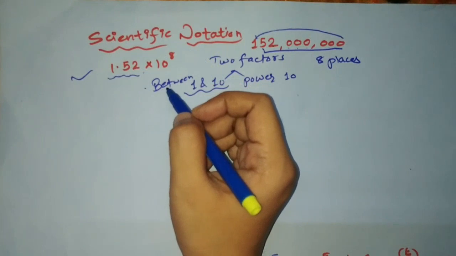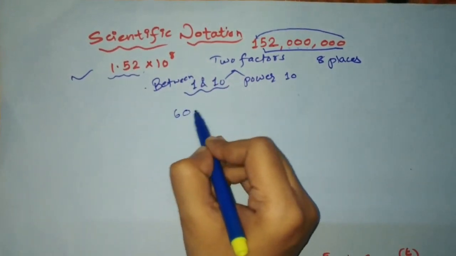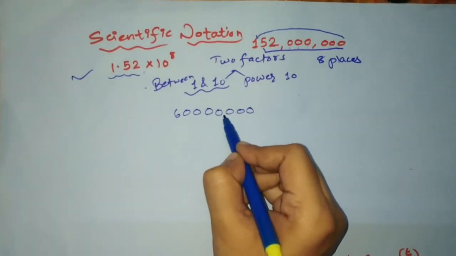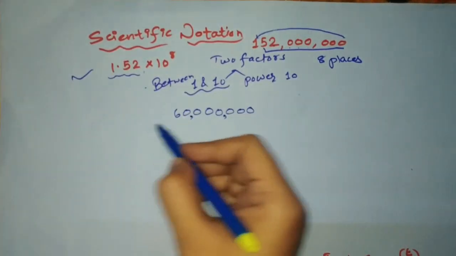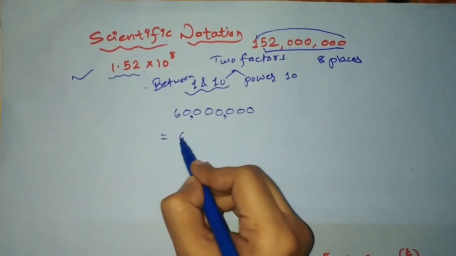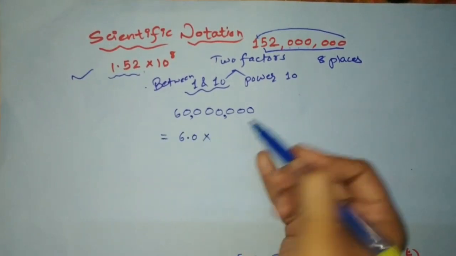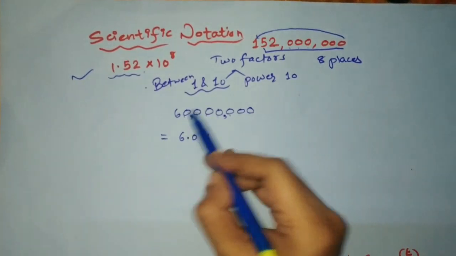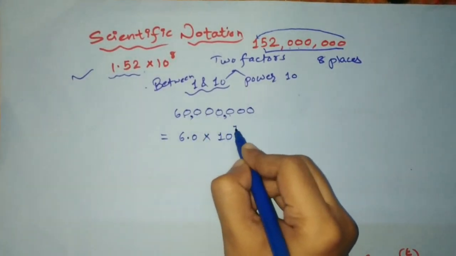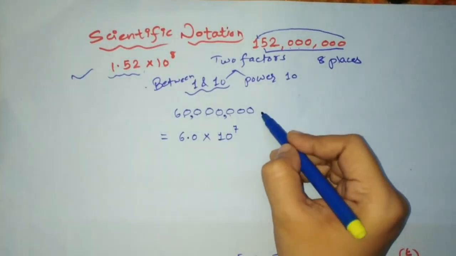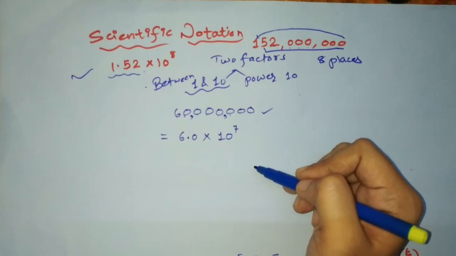For another example, I have the number 6 followed by zeros. I'll write 6.0 into 10 to the power 7, as I moved 1, 2, 3, 4, 5, 6, 7 places. So 6 into 10 to the power 7 is nothing but this number.